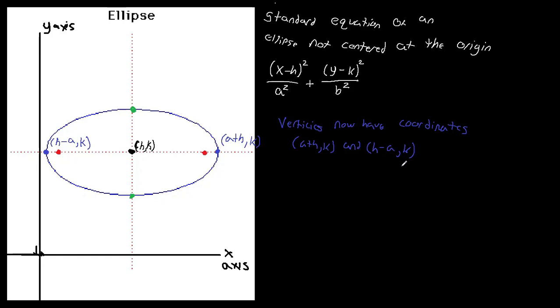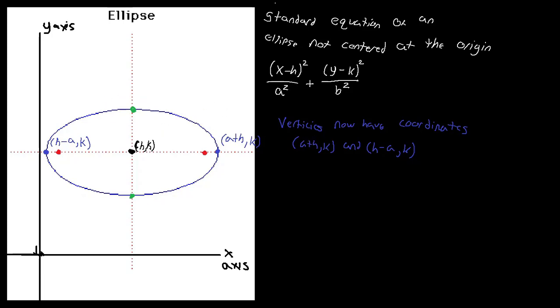And so you can see here now, if we were given vertices and we wanted to get a, we would have to monkey around with the vertices. We can no longer just take the coordinate directly because we're no longer centered at the origin.